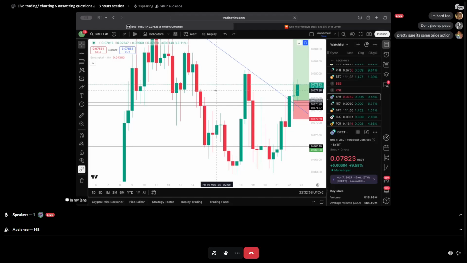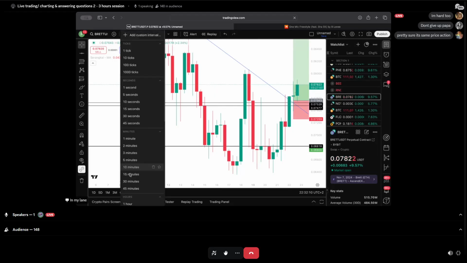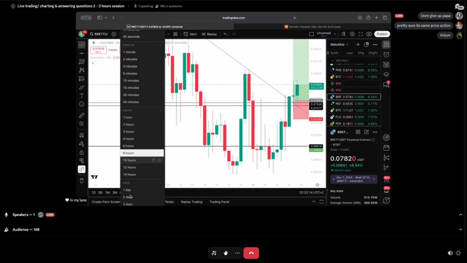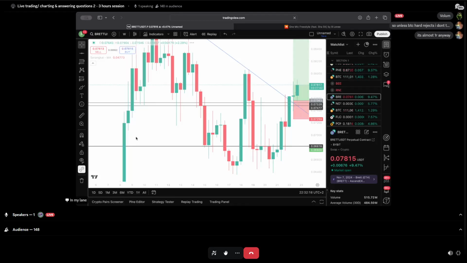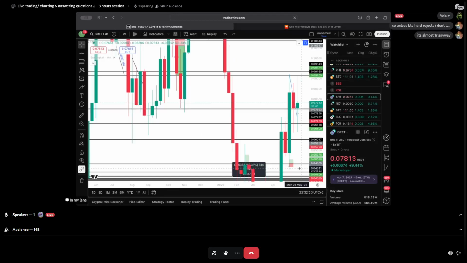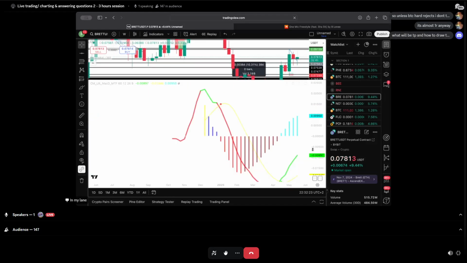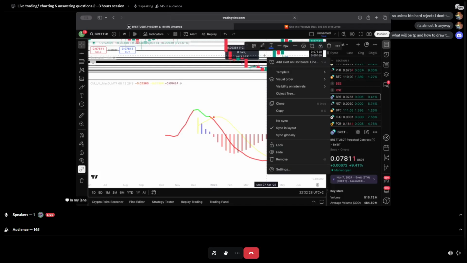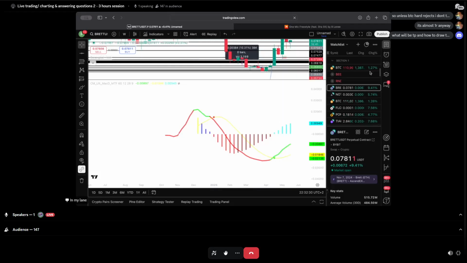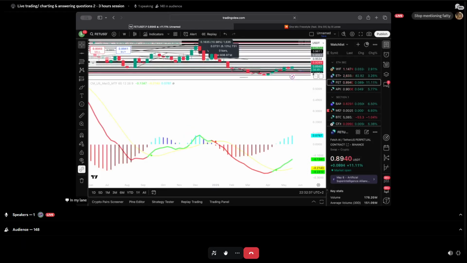Even on lower time frames, usually I use it on 2H, 4H, 8H and daily. Weekly doesn't happen often, but when it does, it just keeps going up. But it's so hard to explain. I will show you in a trade now how I do it, but it's hard to do.